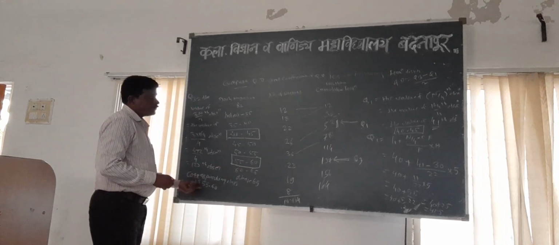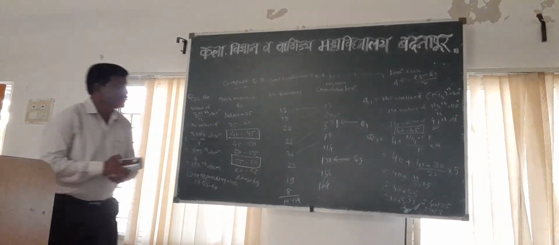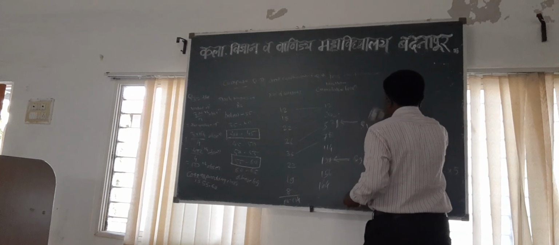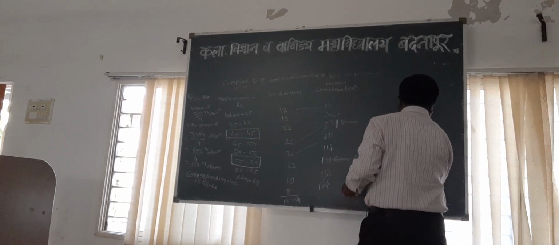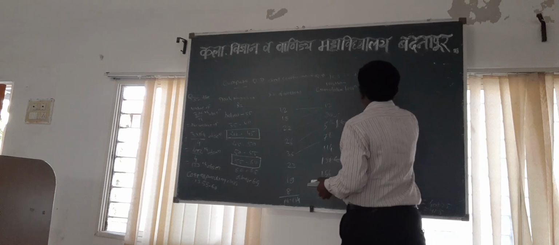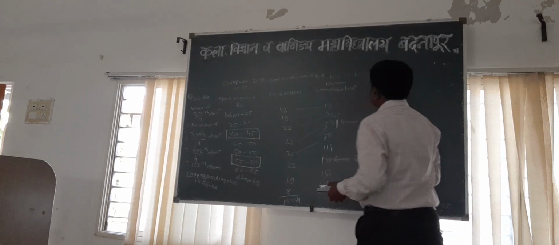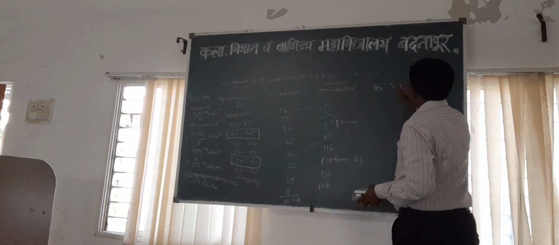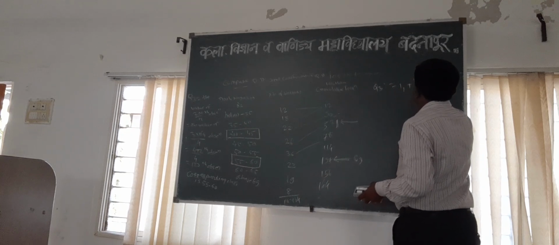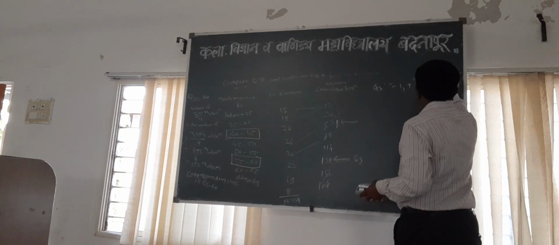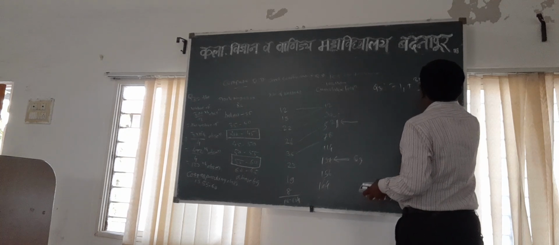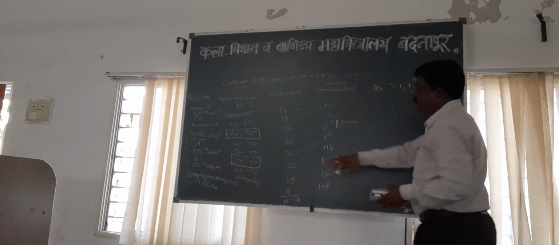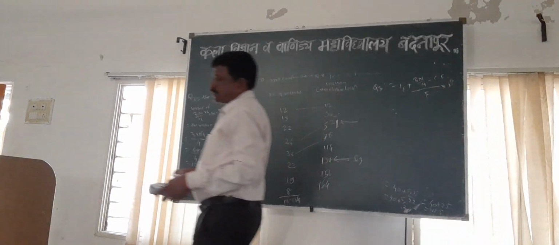Quartile third equals L1 plus (3n by 4 minus Cf) divided by F, into H.